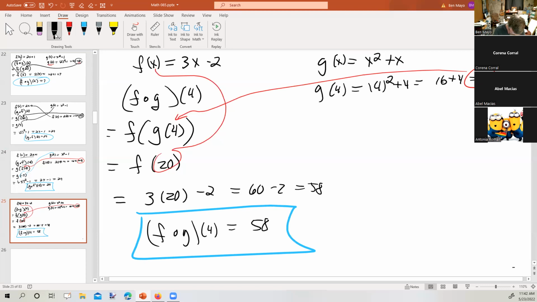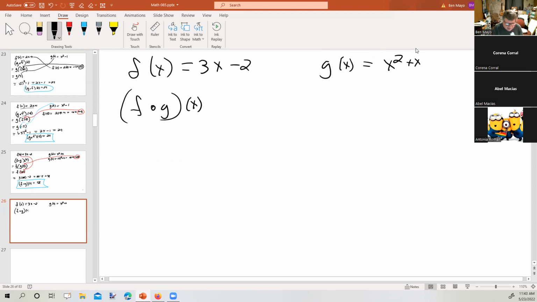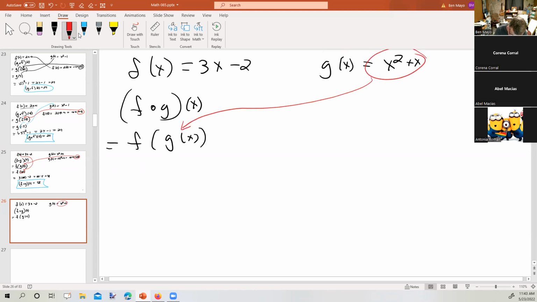Okay. Let's take the same two functions again. F of x equals 3x minus 2. G of x equals x squared plus x. Let's find F composed with g of x. Well, F composed with g of x equals F of g of x. But g of x is x squared plus x, so that's going to go in there.